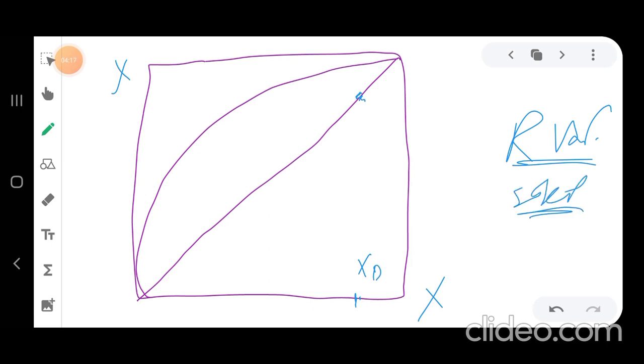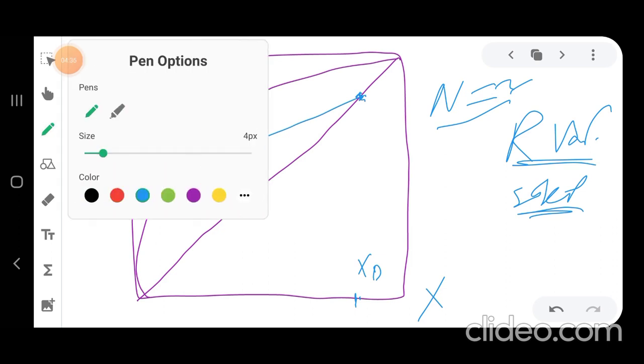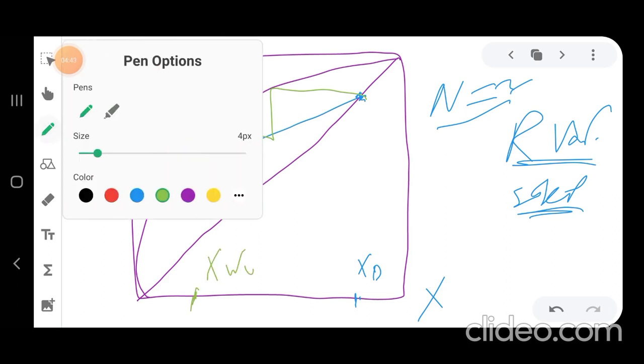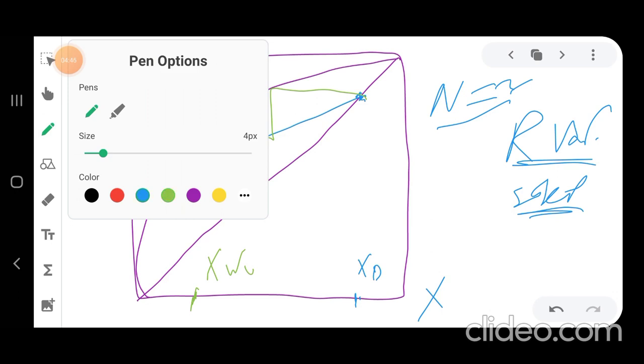You need to start with an initial slope such that if you draw it and count the stages, suppose we have two, you will end up with xw naught initially. Then you need to draw another curve.